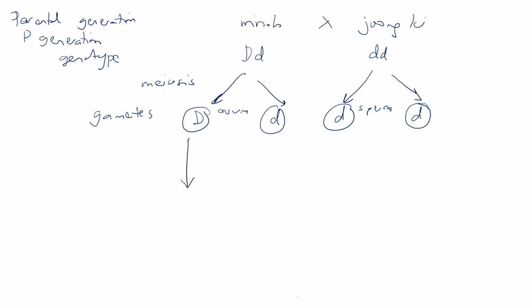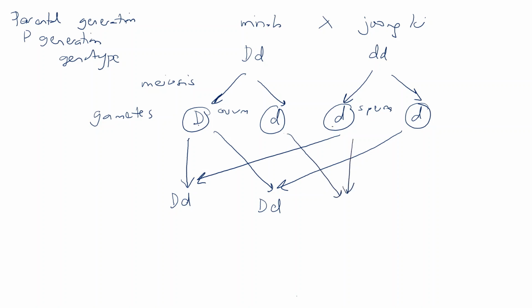So either this sperm will meet with this ovum, giving capital D, small d, or this ovum will meet with this sperm, also capital D, small d, or this ovum will meet with this sperm, giving small d, small d, or this ovum will meet with this sperm. What process is that?